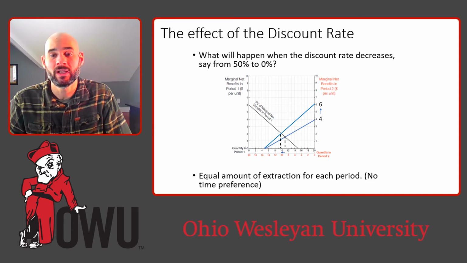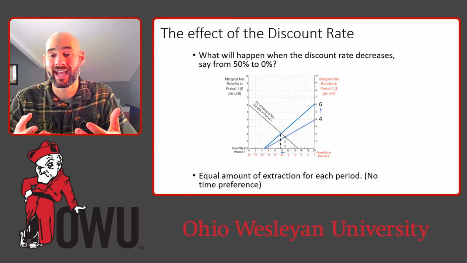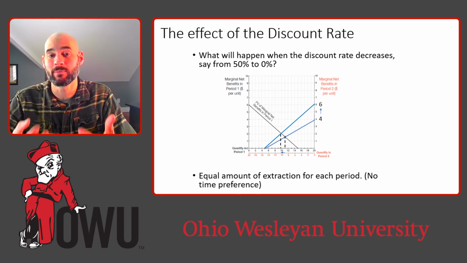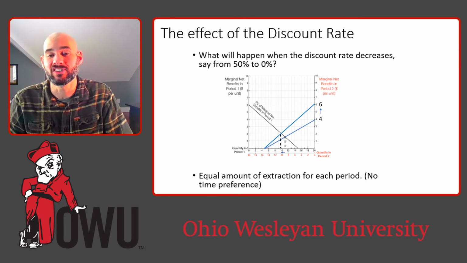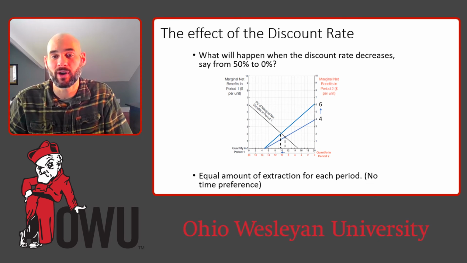So if we're dividing that curve by 1, it's just going to be the same curve as in period 1, and they're going to intersect at a completely equal allocation between the two time periods. And so in this case, there'd be an equal amount of extraction in each time period, implying that there's no time preference. And we can just treat this as a series of static problems.